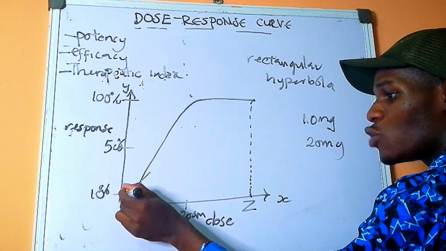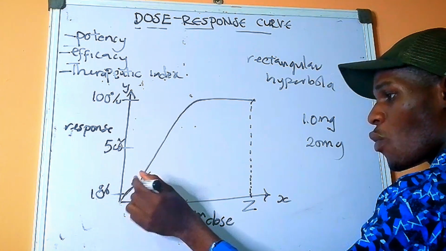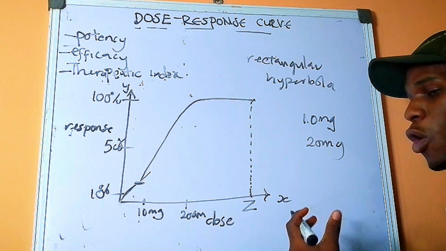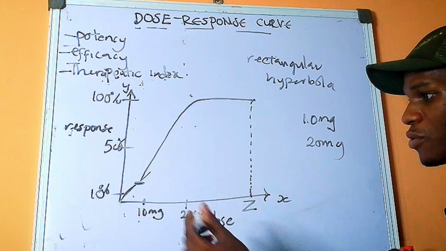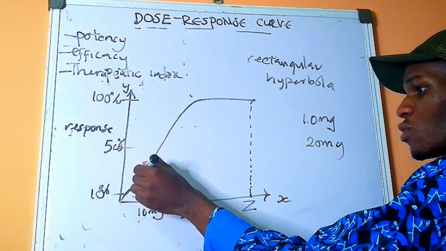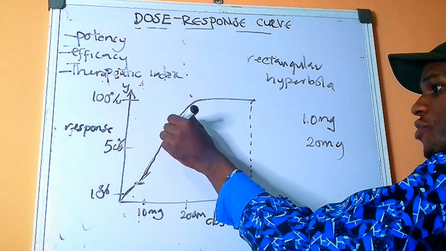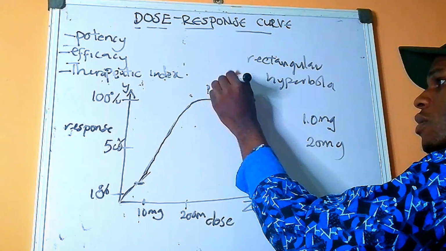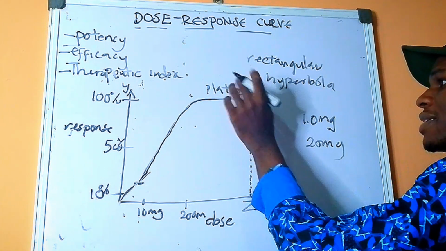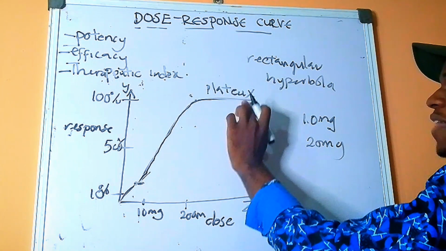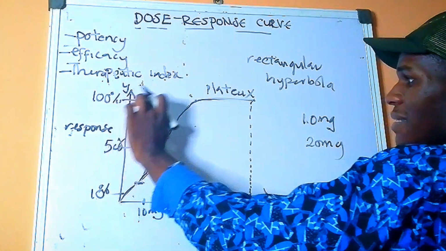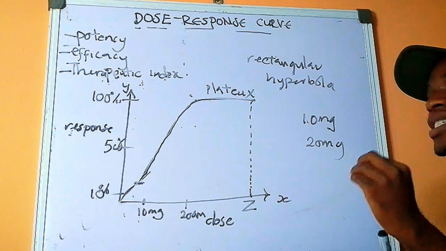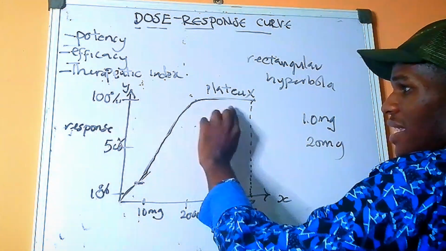It will get to a point whereby it will reach a threshold where the response will begin to come out obvious. The response will be noticeable. So from this particular threshold, it will go on a steep slope. It will increase, and it will plateau. It will plateau at the 100% maximal effect when the drug at the receptor site is fully saturated.